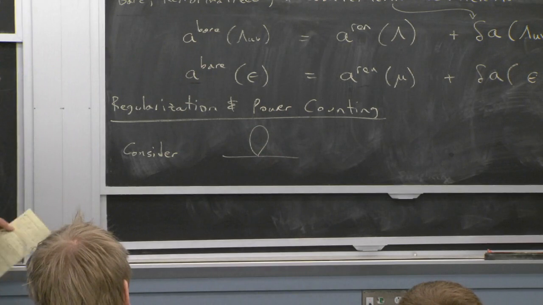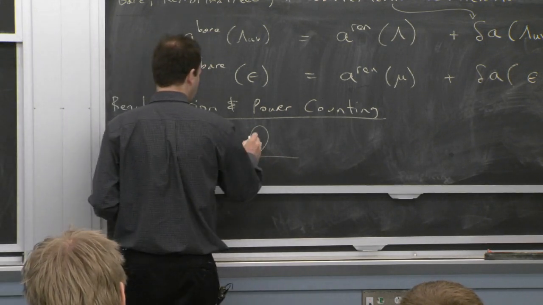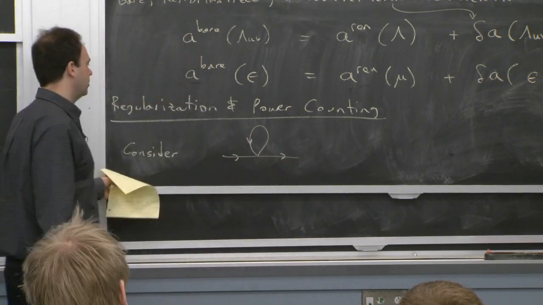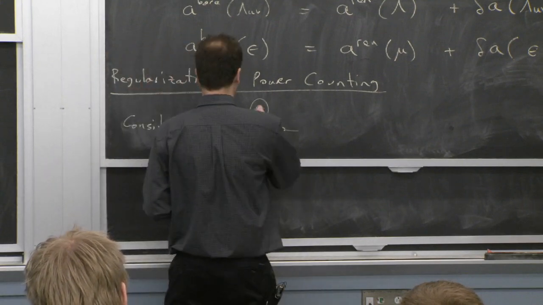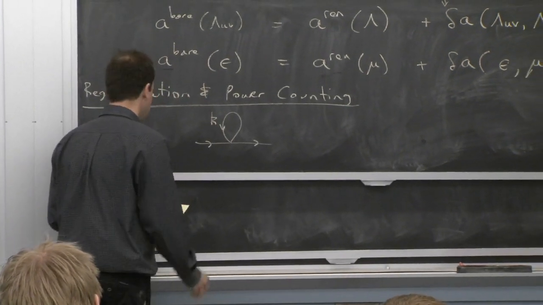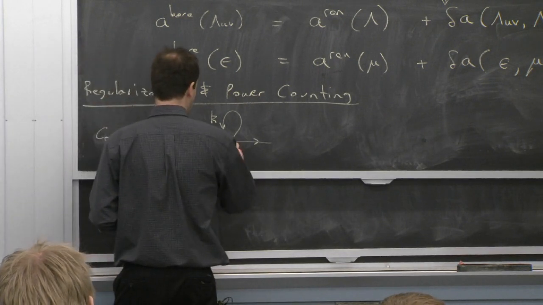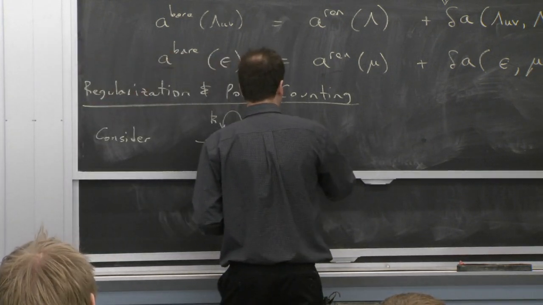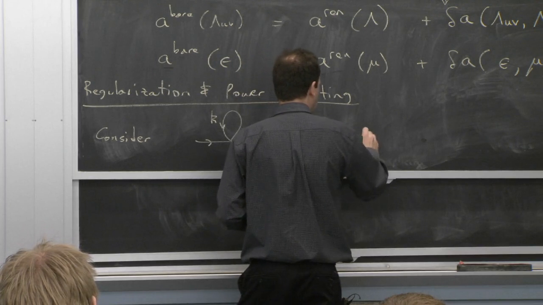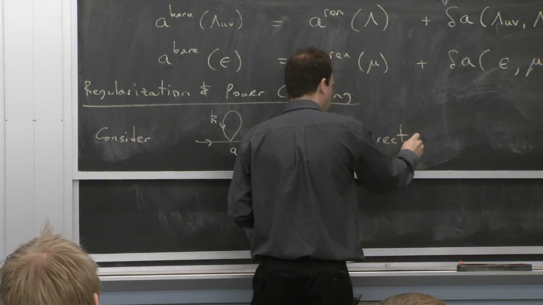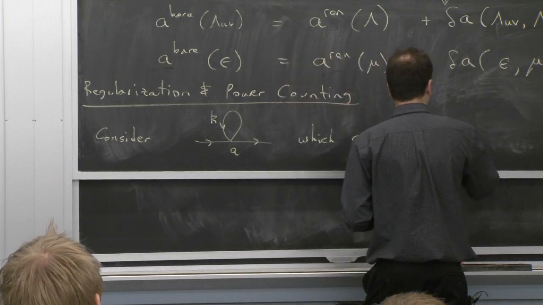If we just loop up the 4 fermion operator, then we can get mass renormalization. So this is (psi dagger psi) squared, and I'm sticking it in and looping it up.